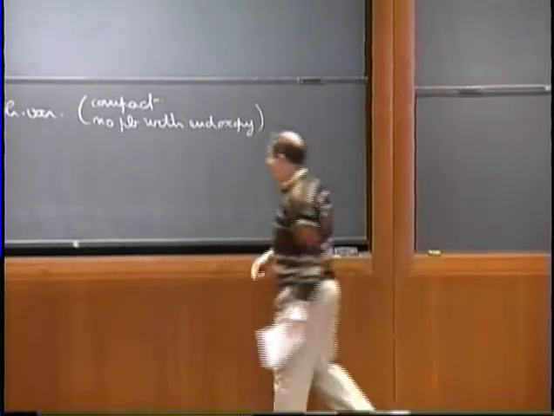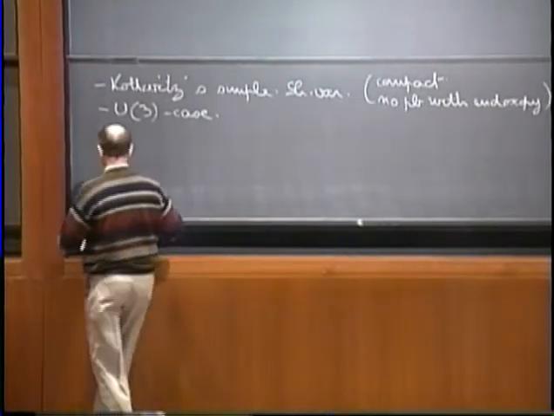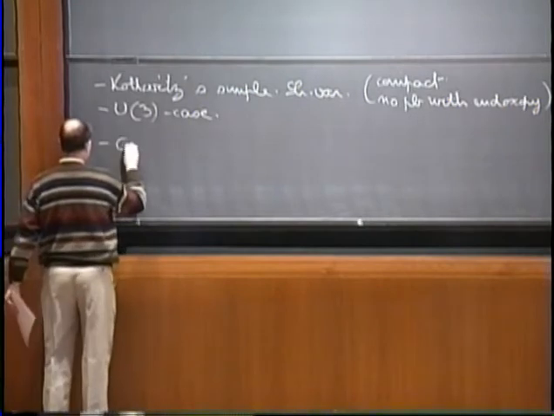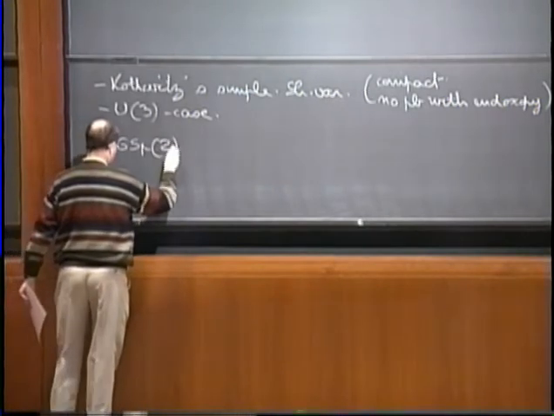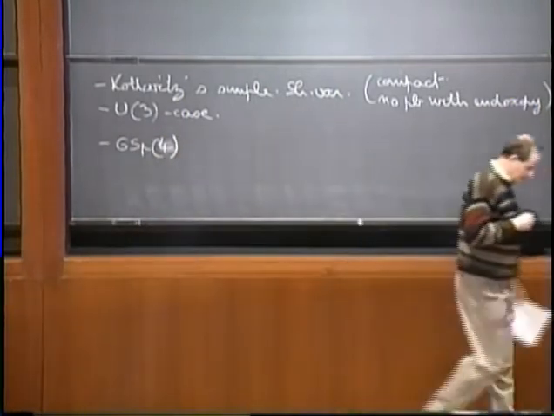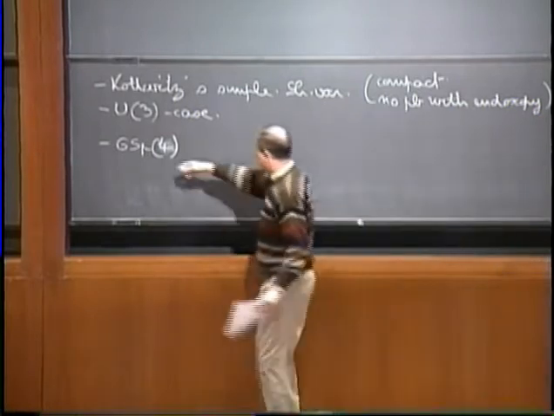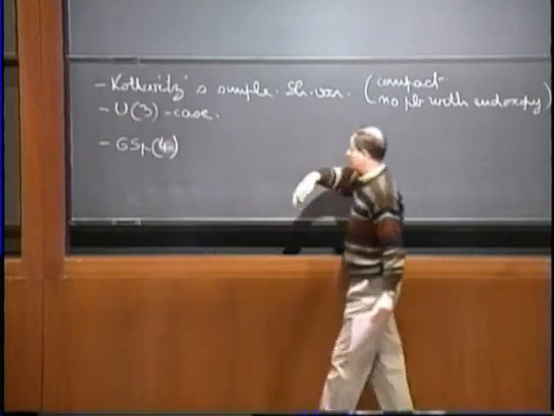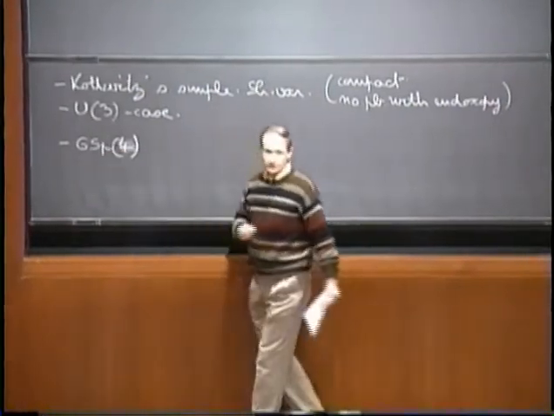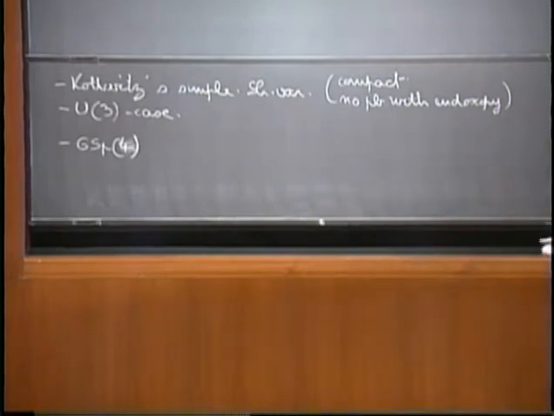But this is not the case I will consider in the lecture. The case I was asked to speak about is a symplectic case, so GSp2, GSp4, sorry. GSp4 is also a favorable case, for the same reason as U3. First of all, the Levi subgroups and the endoscopic groups of GSp4 are related to GL2 or GL1.